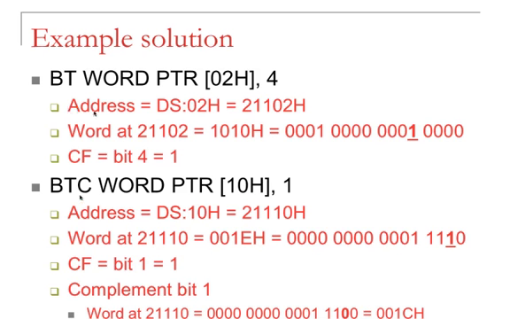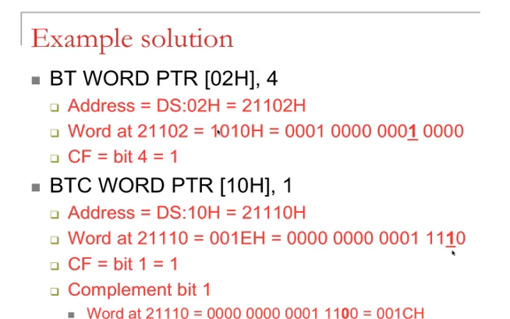Second instruction is BTC, so bit test and complement. Again, we're going to first calculate the linear address, so that's going to be 21110, and the word at that location is 001E. This is the binary representation, and we're going to test bit 1, so that's this bit.